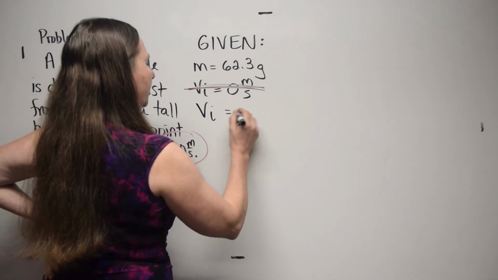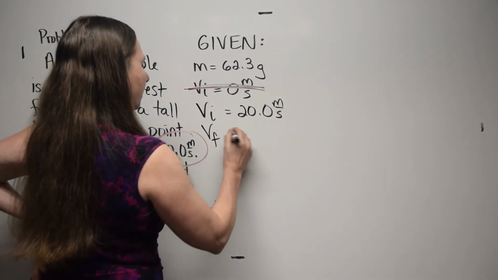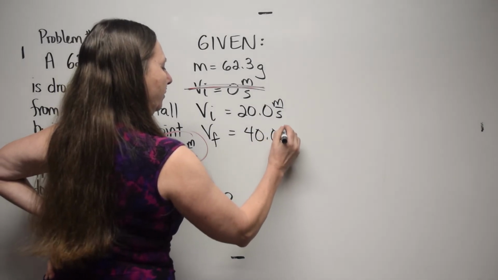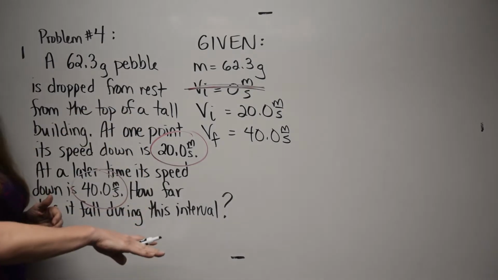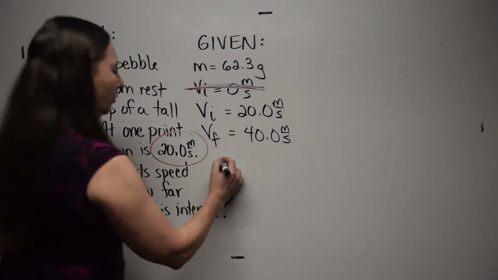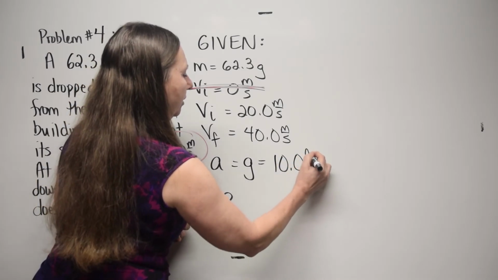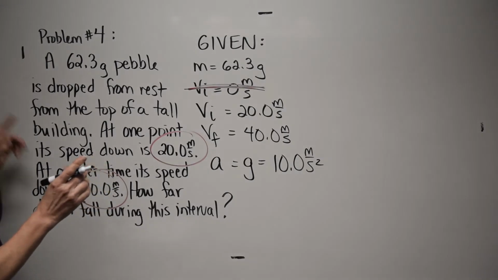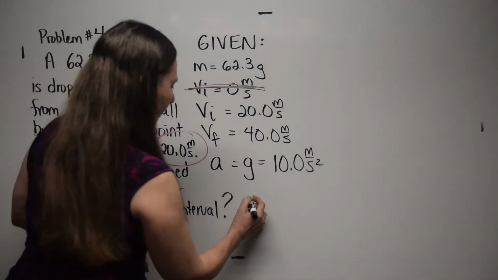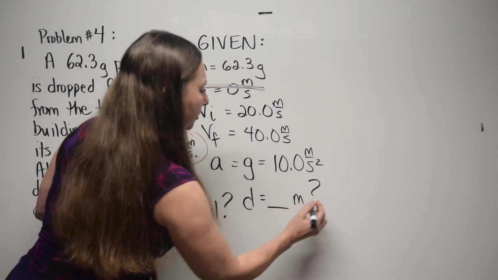So let's say V initial is 20, and V final is 40. What we're focused on happened between 20 and 40. Now, we know it's falling, so A, which is G, is 10 meters per second squared. How far, D equals how many meters?